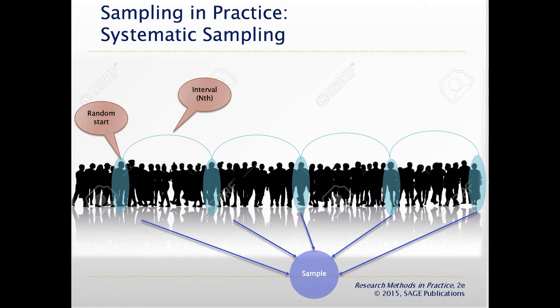The idea is you have a bunch of people coming through in some order, and you make a random start, and then you ask to speak to, say, every 20th person, every nth individual. So imagine people on election day walking out of a polling place. You arrive at some time, you just pick one to start, and then the exit pollers ask every 20th person walking out. And then every 20th person becomes their exit polling sample.